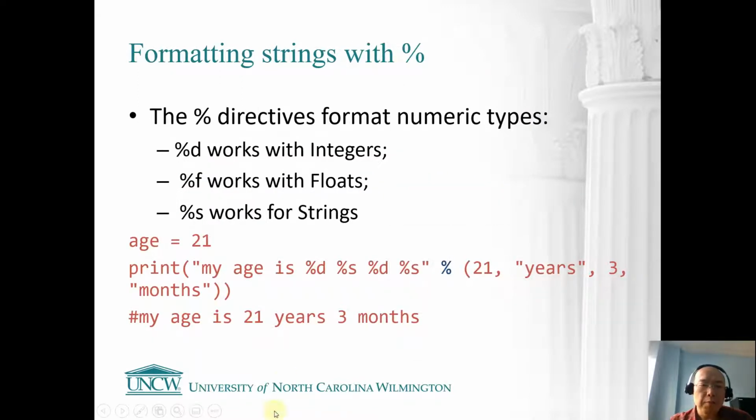Say my age is 21 years and 3 months, and it's not really me, okay? I hope I'm so young, but I'm not. If I want to plug in 21 as one component, years as a second component, 3, and months, so a total of 4 components, then we really have to use a lot of concatenations and a lot of casting.